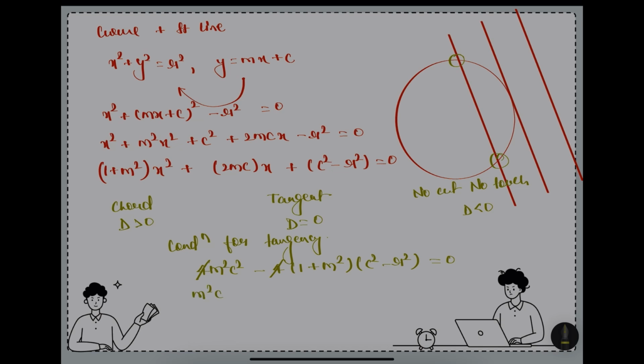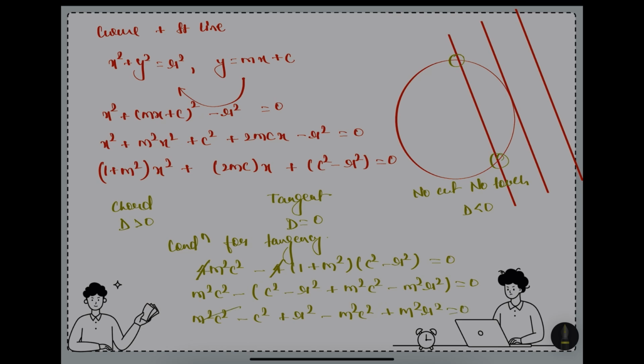So m square c square minus (1 plus m square)(c square minus r square) equals 0, which gives m square c square minus c square plus r square minus m square c square plus m square r square equals 0.